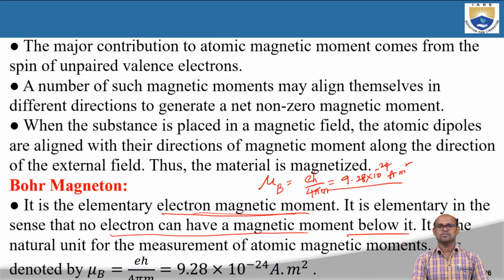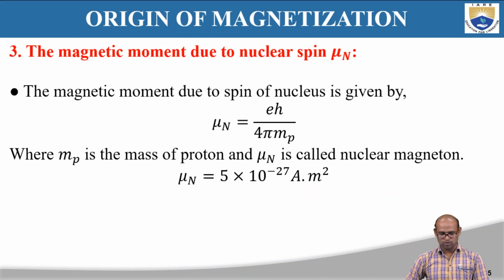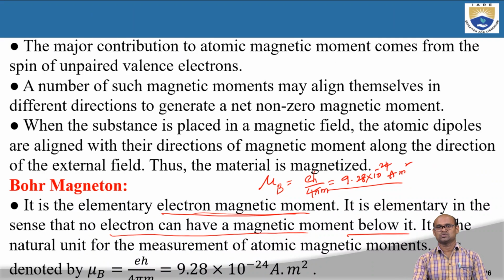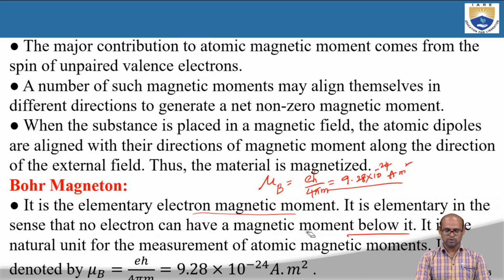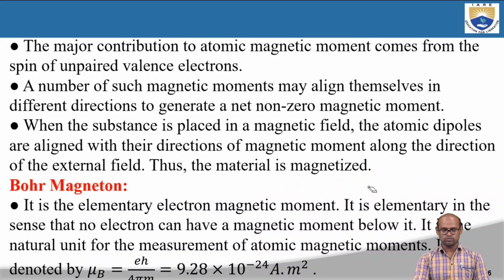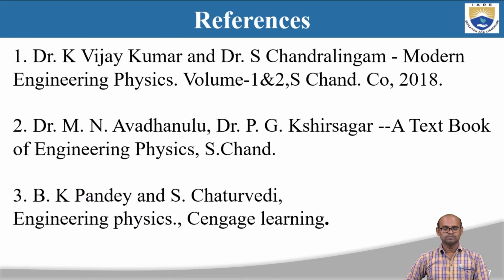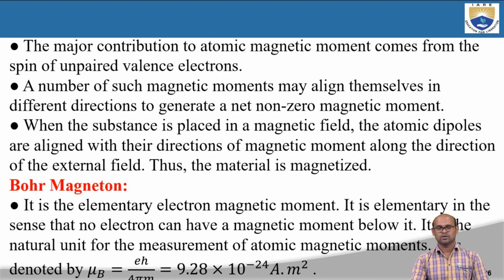And when we discuss the magnetic moment coming from nuclear spin, it is very small. It is around 10 power minus 27. So that is the reason why, when we study the magnetic properties of materials, we are going to neglect the magnetic dipole moment coming from nuclear spin. We are going to consider only the magnetic dipole moment coming from electronic contributions.